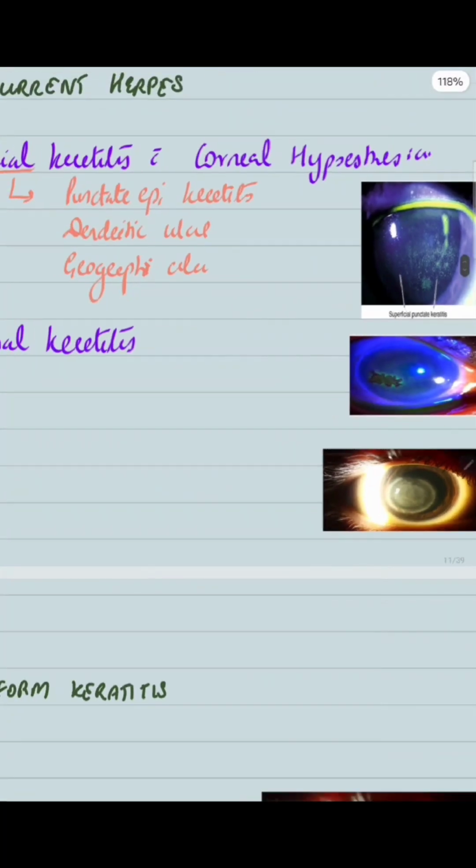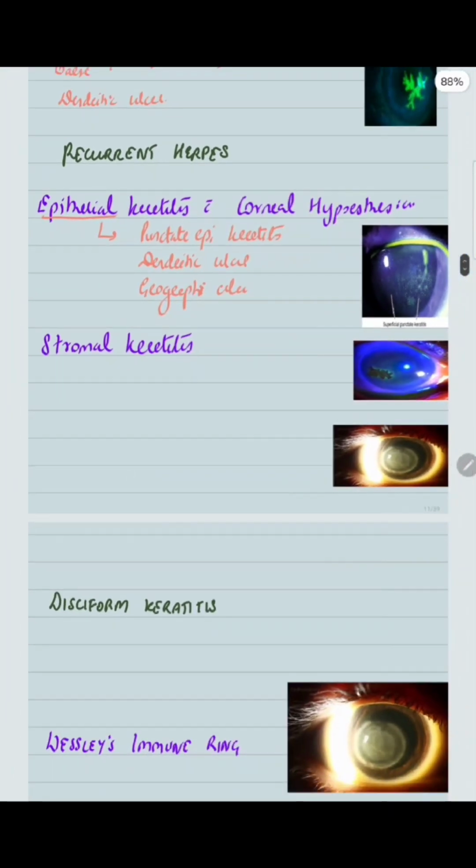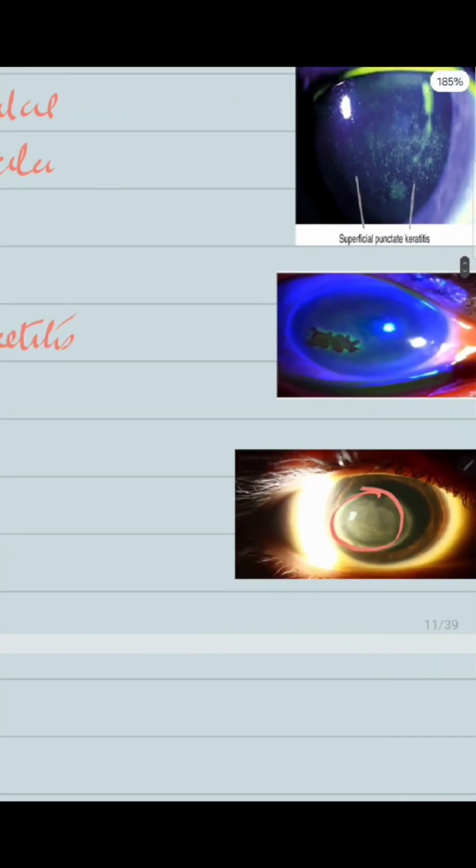Then coming to stromal keratitis, there can be disciform keratitis or diffuse stromal necrotic keratitis. This is a disciform keratitis here.